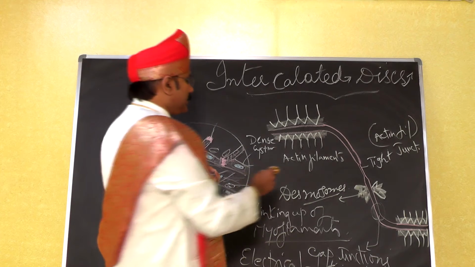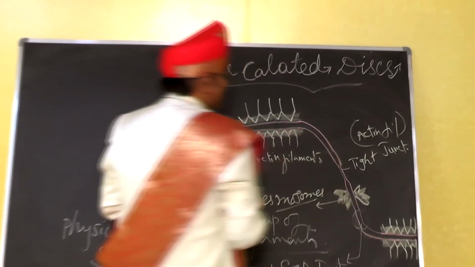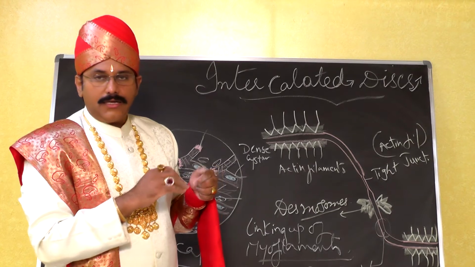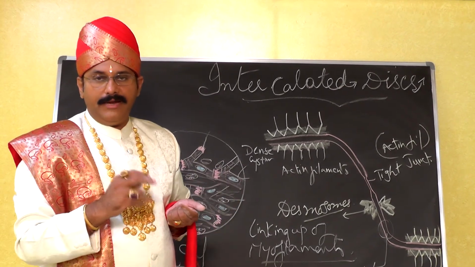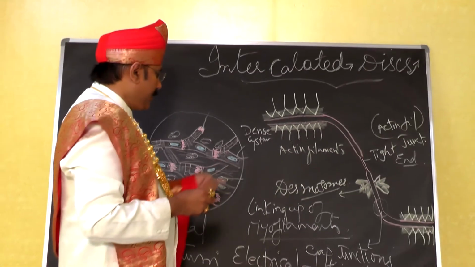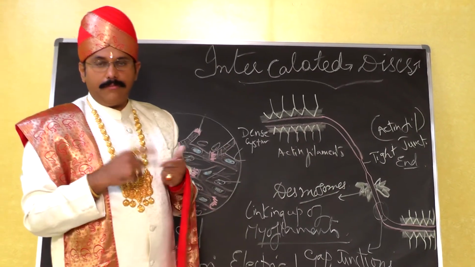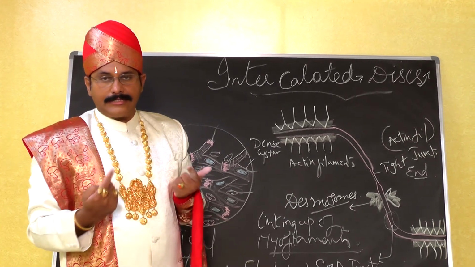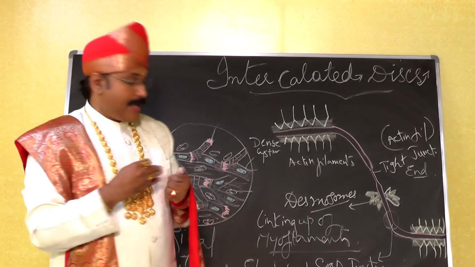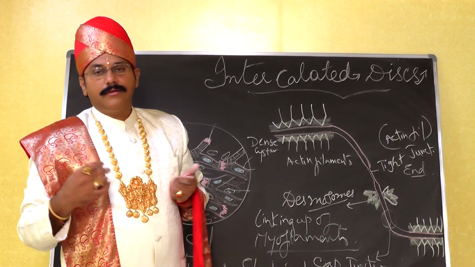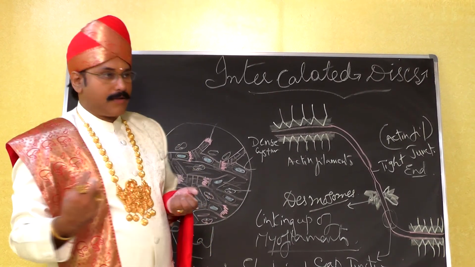Now what is the significance of the tight junction? The actin filaments end in the tight junction. Coming to the desmosomes, what is the significance? The desmosomes link up the myofilaments present in the cytoskeleton of the adjacent cardiac myocytes.